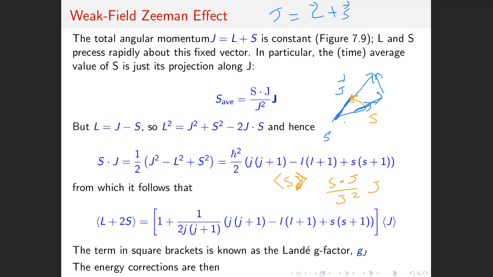I'm not that happy with this derivation. If you look at Griffiths, it's given as an exercise, so you have to use what is called the Wigner-Eckart theorem, which requires you to know something about symmetries, which I prefer to cover in the last lecture. So I have my own derivation, it's not really my own, but basically I want to derive this vector.